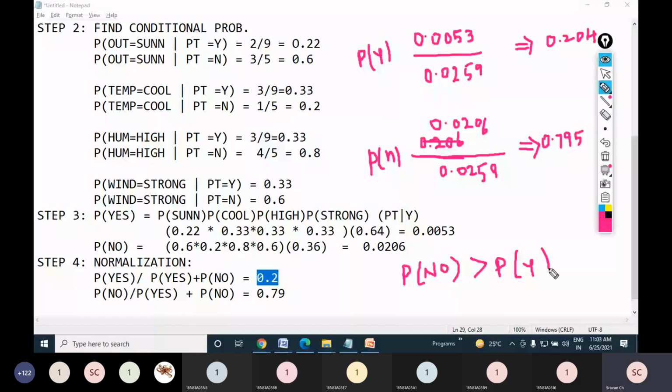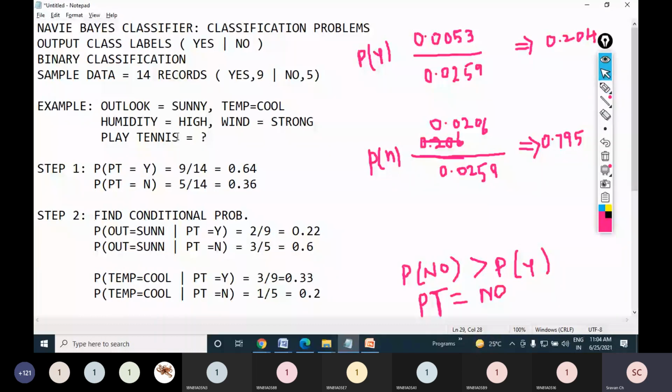This was the question. When outlook was sunny, temperature was cool, humidity was high, wind was strong, what is the probability of playing tennis? So for sunny, I have calculated the conditional probabilities. I have calculated when temperature is cool, what is the conditional probability?